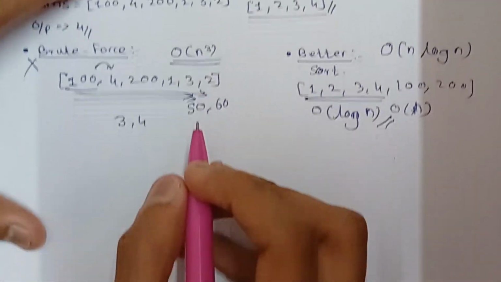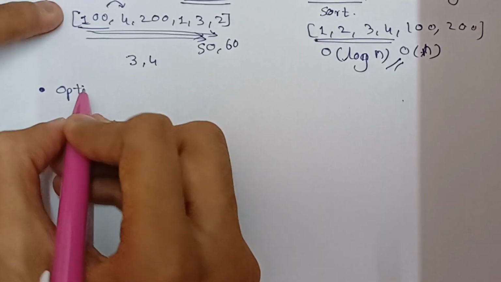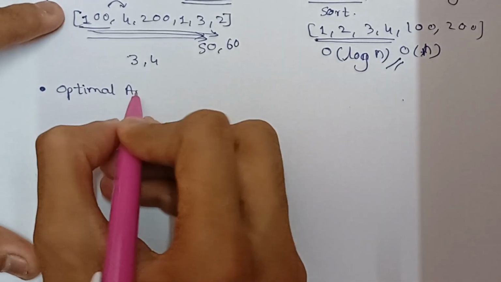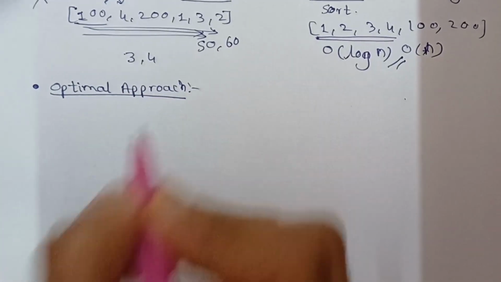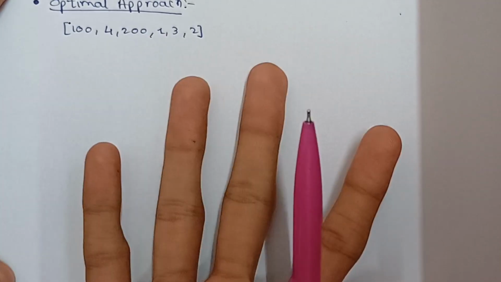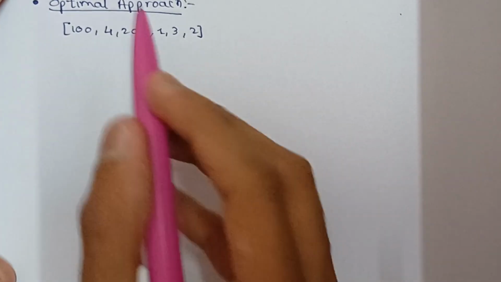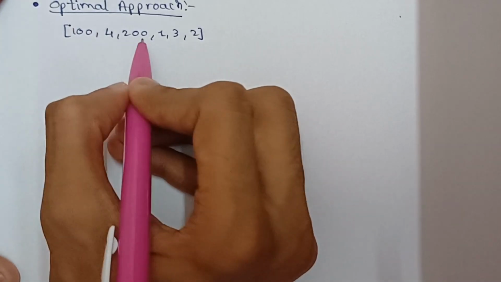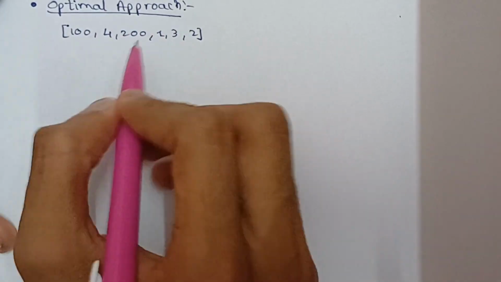So directly we will move to the optimal approach. In the brute force and better approaches, we were traversing with a for loop again and again to check whether an element's neighbors occurred.